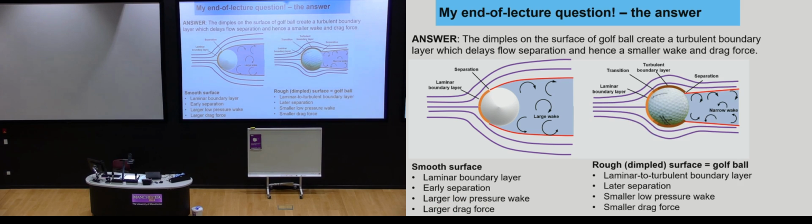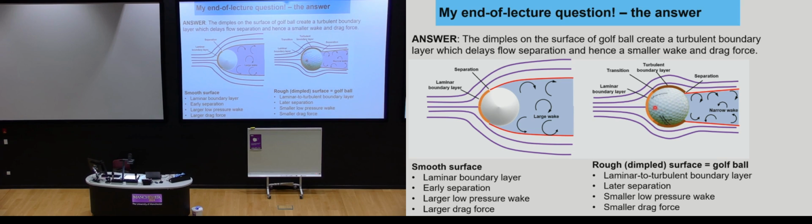With the golf ball, what the changes in the surface do is create this transition to the turbulent boundary layer. So the boundary layer exists for far longer before that flow separation finally occurs, and that occurs far later and on the other side of the golf ball.